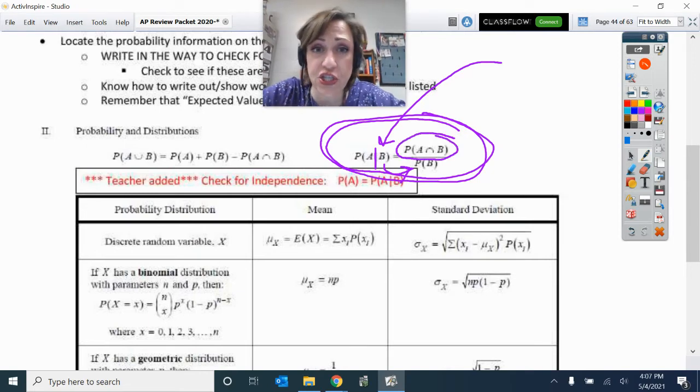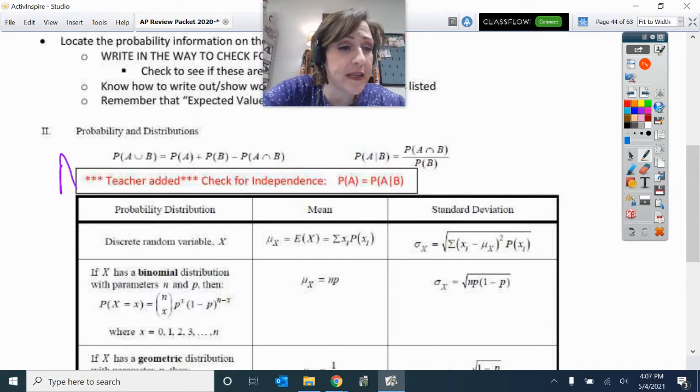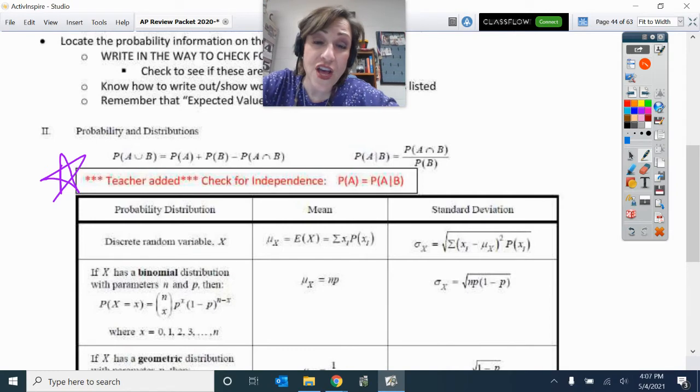This is your conditional, to see whether the fact that B has happened changed that probability. And so then we'll see that whenever we're checking for independence. This is something that I recommend you add to your formula chart, or know, because it's not on the formula chart. This has to be known from your own brain.